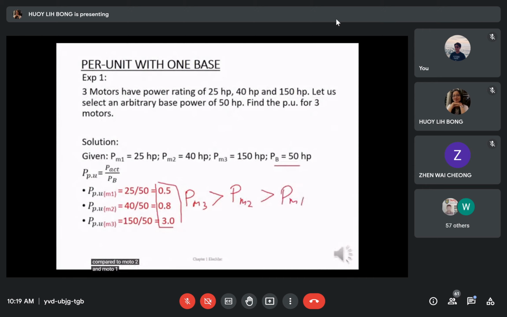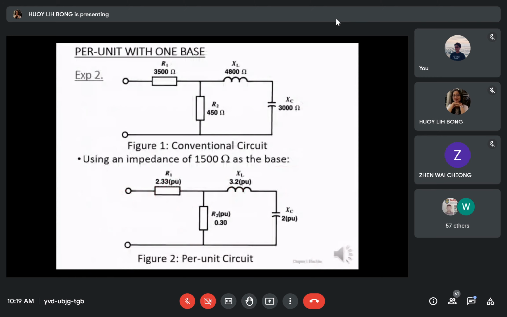Another example of using per unit with one base value is converting a conventional circuit to a much more readable per unit circuit. 1500 ohm is used as the base value.